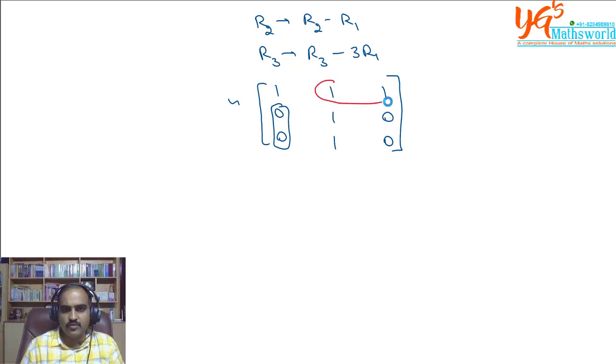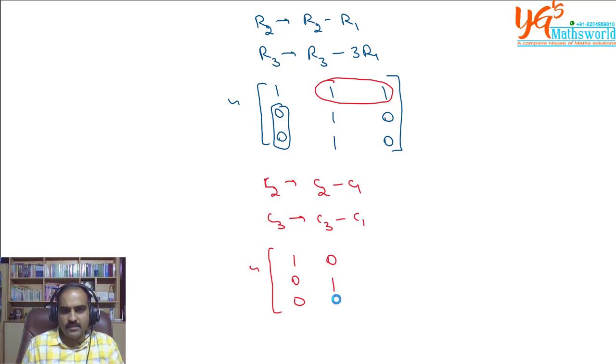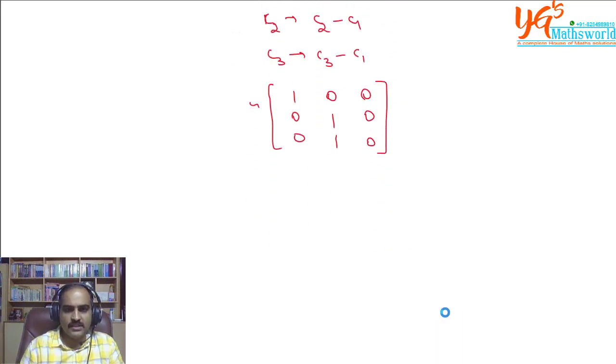Now I need to reduce these two elements to 0. So on C2 I'll take C2 minus C1 and C3 minus C1. So I will be getting 1 0 0, 1 minus 1 0, then 1 and then 1, 0 0 and 0. Okay, now just check, row 2 and row 3 both are identical.